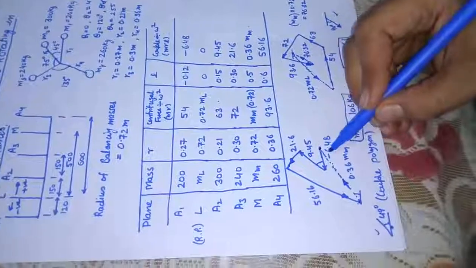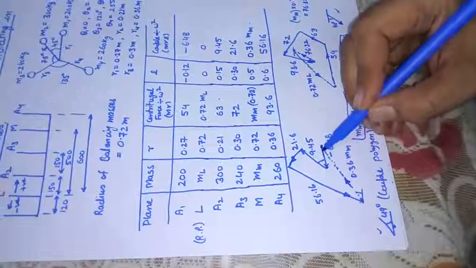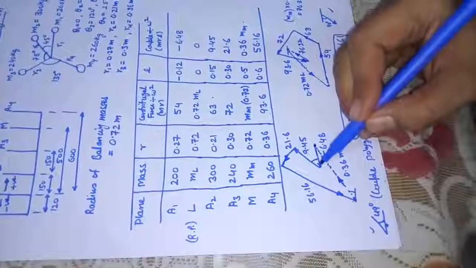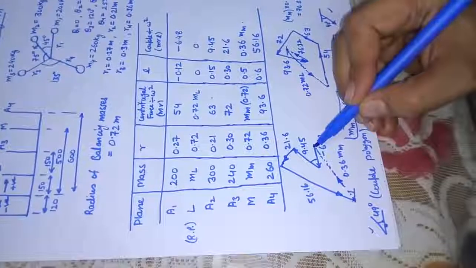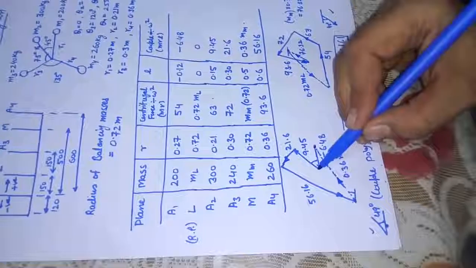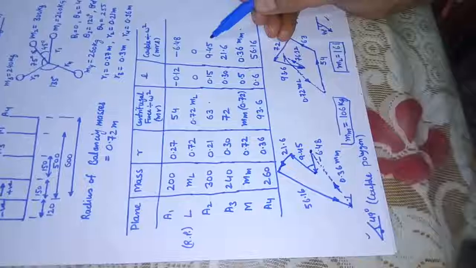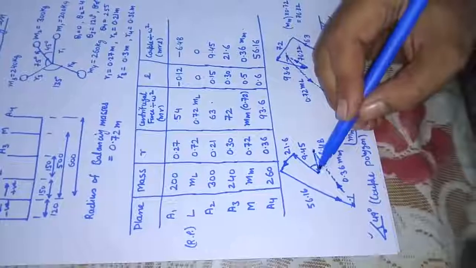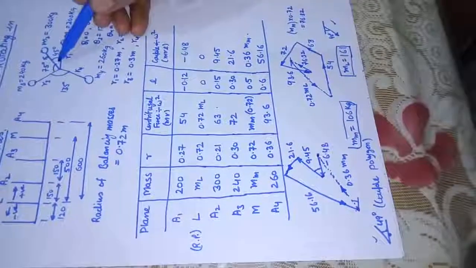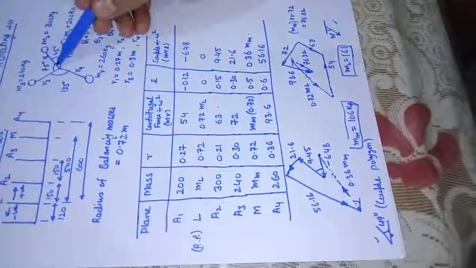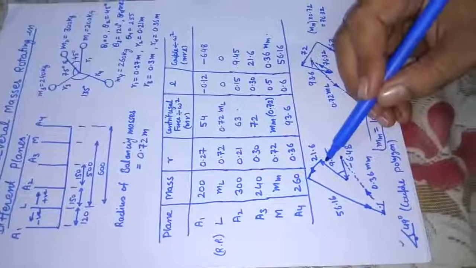We have made minus 6.48 like this, it is negative. Positive would have been in this direction. Then where this finishes, I'll start the next couple, that is 9.45, parallel to M2. This is what we have drawn.